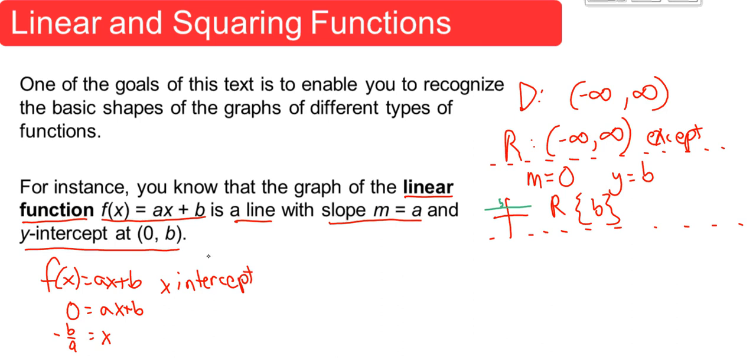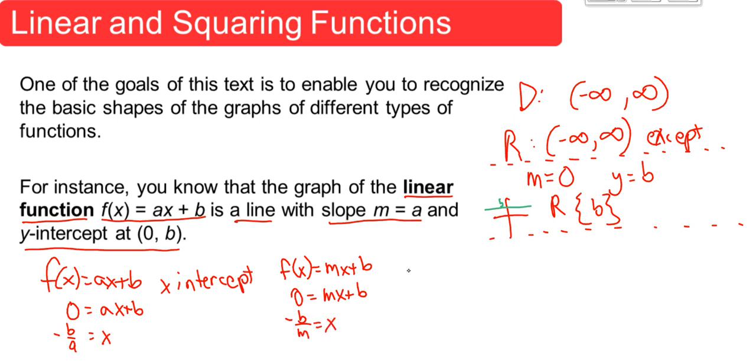Remember, a was also the slope, so we could have written f of x equals mx plus b. Again, 0 equals mx plus b. Subtract b, divide by m: negative b divided by m equals x.